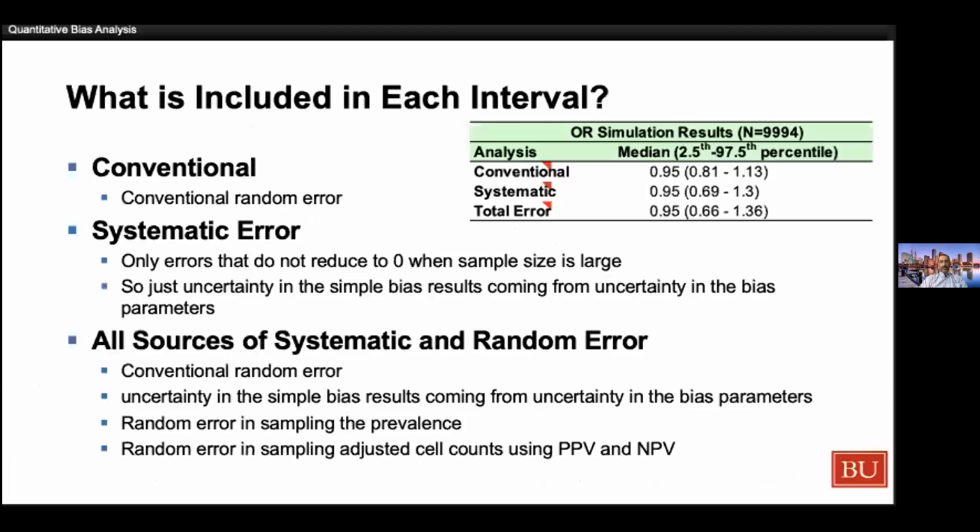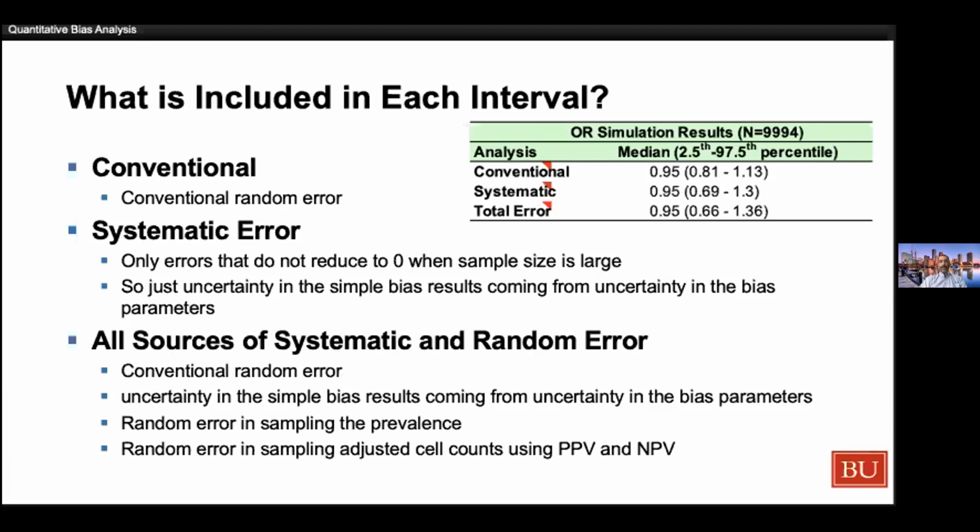So just to make the point, what is included in each of these intervals? Well, the conventional interval only includes the conventional random error. This systematic error interval, which I won't really focus on, is supposed to only include the systematic error. So only the error that comes about from the systematic error, which is, in this case, the misclassification.